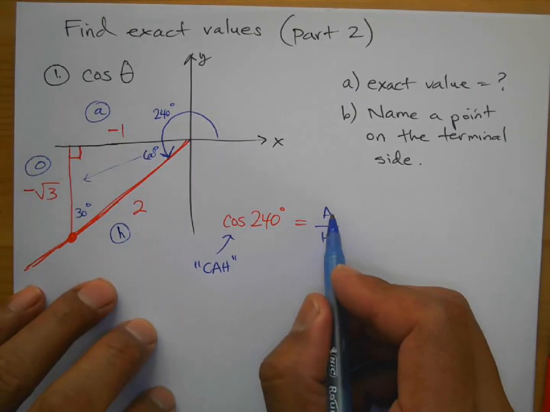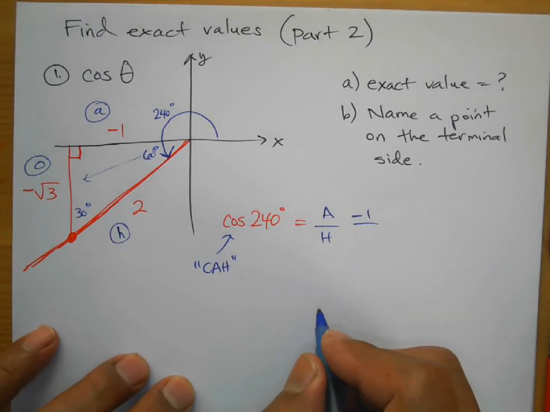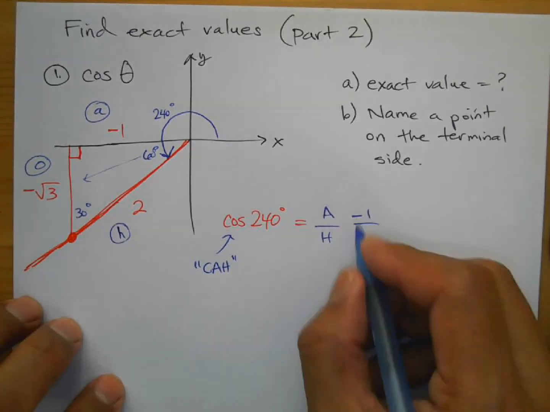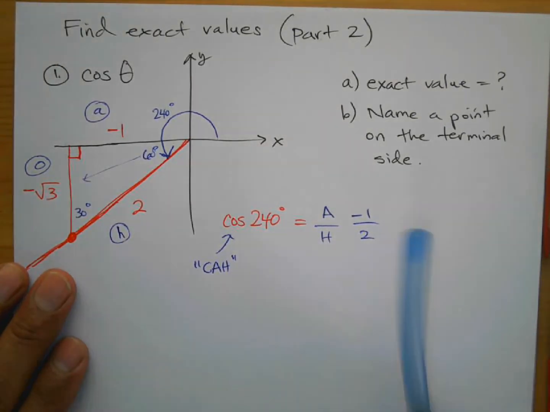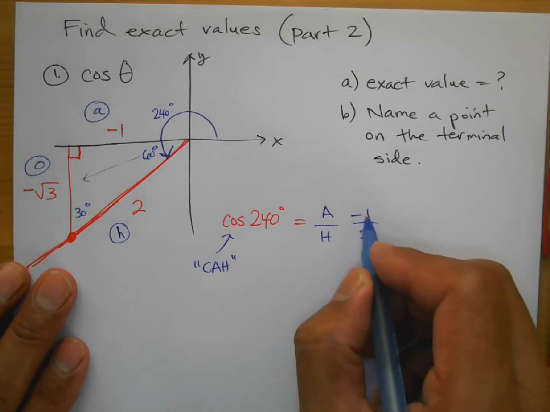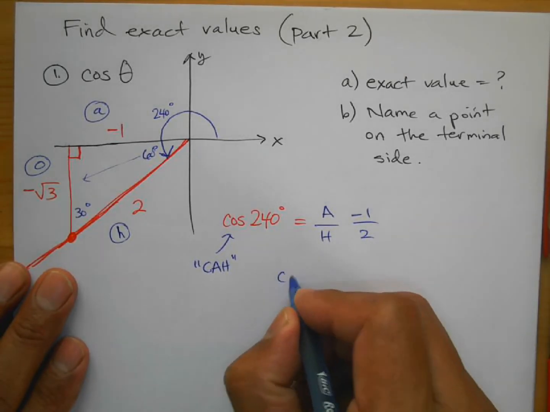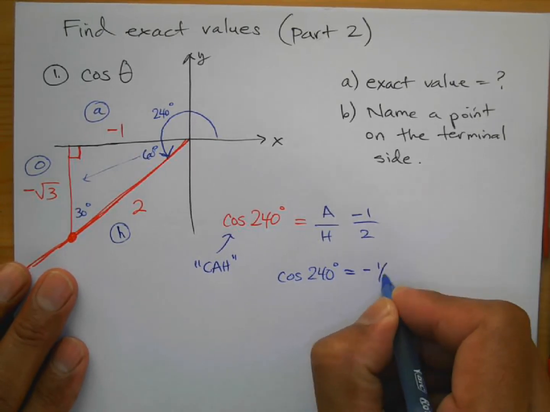So cosine would be adjacent, which would be -1 over 2. So that's the answer for cosine. This is the exact value. Now this one, you happen to get a nice fraction. So cosine of 240 is equal to -1/2.